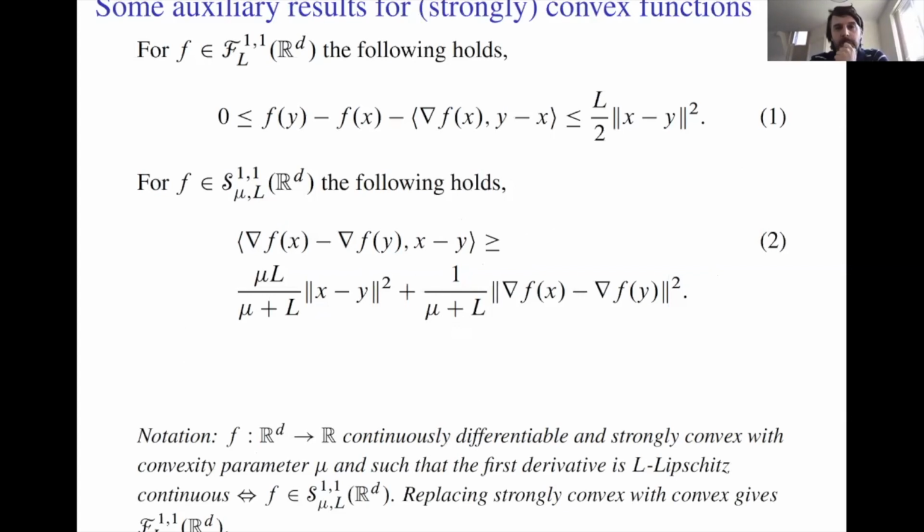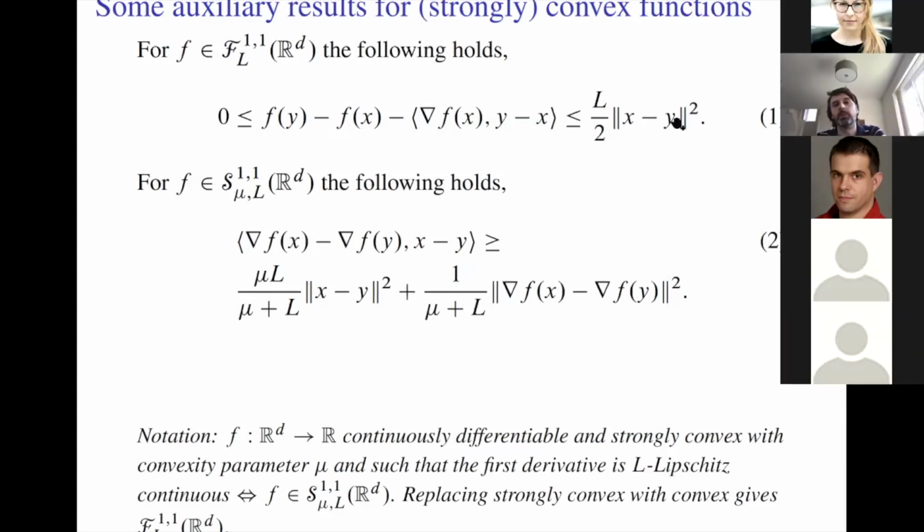I think I can skip this one here. I've scribbled down a proof for deriving the rate of the gradient method. Possibly just to point out, obviously there's various results you can derive for strongly convex and convex functions relating various quantities, bounding things. So for instance, if you look at equation 1, this is saying the difference between f(y) and the linear approximation of f(y), which is f(x) plus nabla f(x) times (y minus x), is upper bounded by the difference between the points.